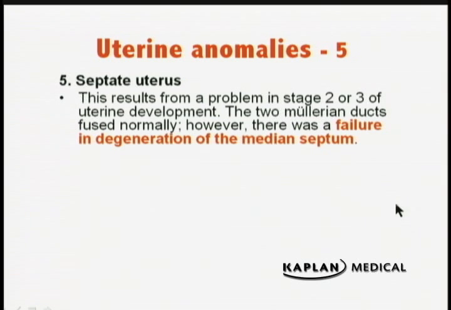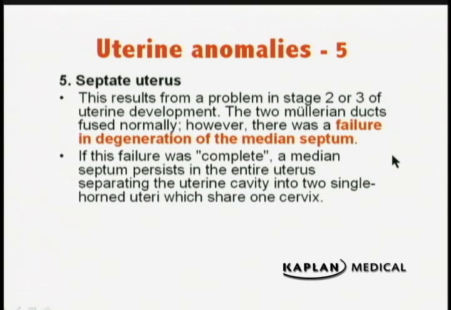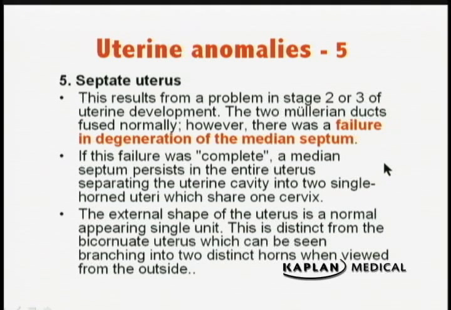Number 5 is a septate uterus. There is development of the 2 ducts. There is fusion of the 2 ducts, but there is a failure in degeneration of the septum. If the failure was complete, a median septum persisted in the entire uterus, separating the uterine cavity into 2 single-horned uteri which share one cervix.